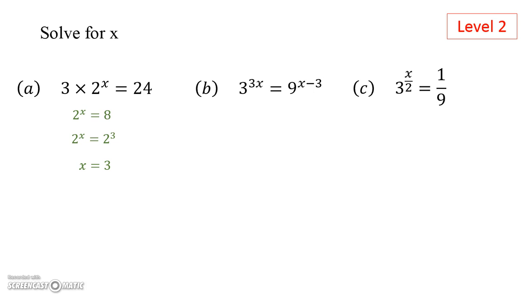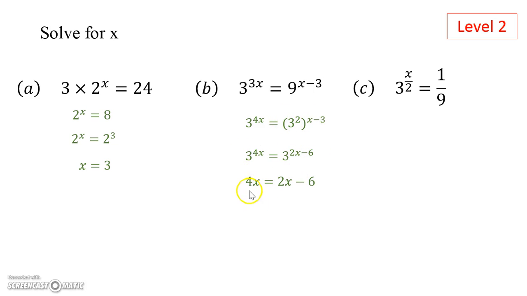Okay, question B. Make the base the same. So you've got a base here that's 3, and a base here that's 9, so make the 9 into 3 squared. I made a misprint here to pretend that's a 4. Okay, and then 3 squared, so you expand the brackets.